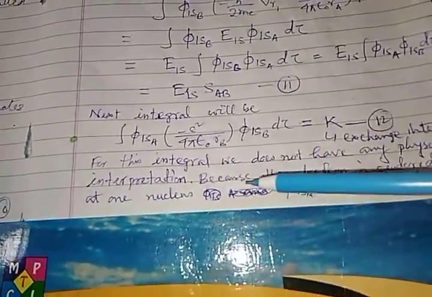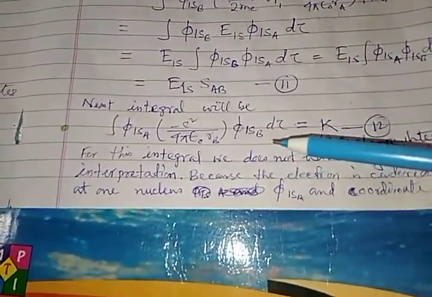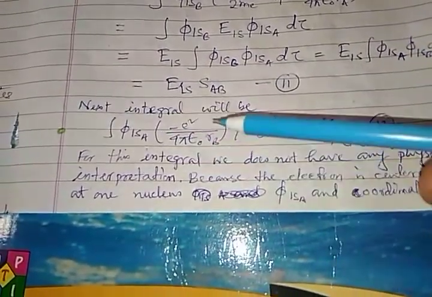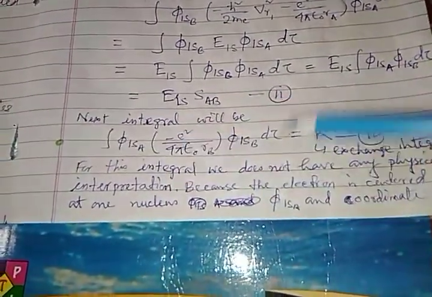It is very difficult to tell the physical significance of this integral, and it is a purely quantum mechanical quantity. It basically comes from the superposition of electron density on the two orbitals. So this integral is known as the exchange interaction or exchange integral for an electron in these two orbitals, and it is denoted as K.